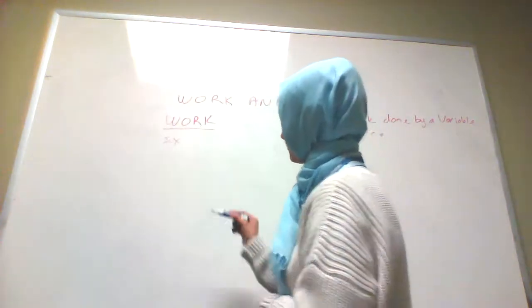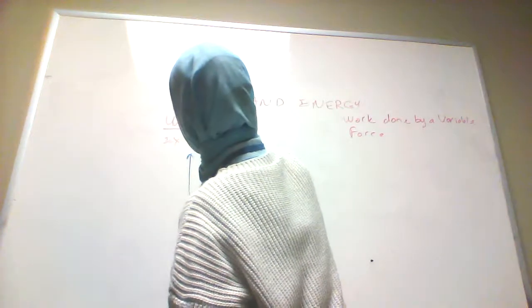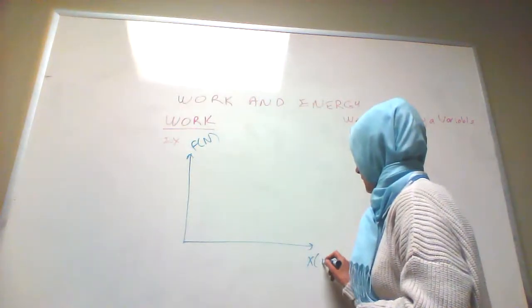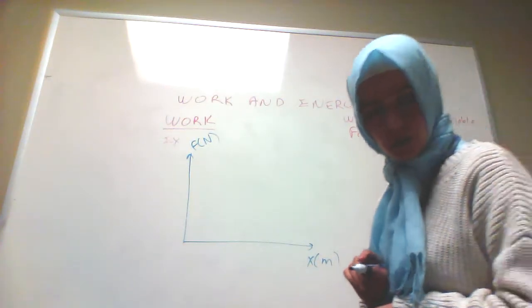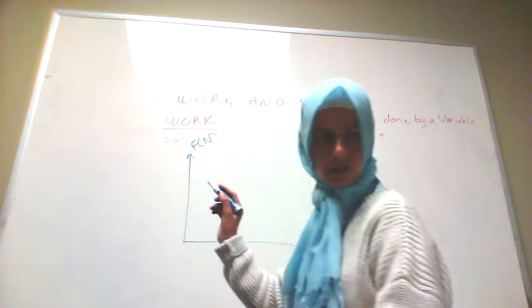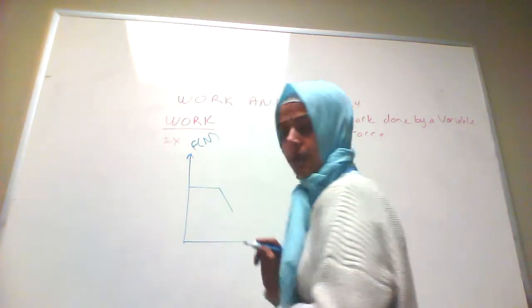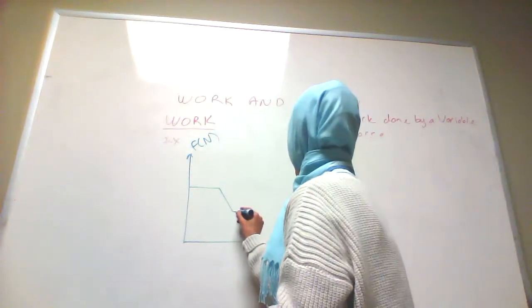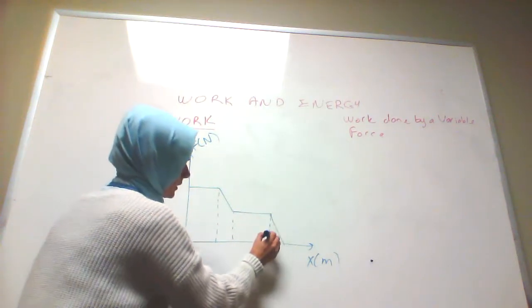So we have a force versus distance graph again. Force in Newtons, distance in meters. And the variation is this, that, and this. So it's moving the object in different sections, and we have meters.